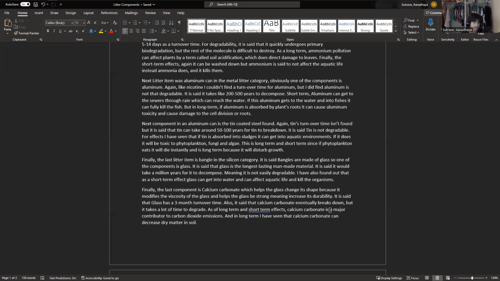Also, it is said that calcium carbonate eventually breaks down, but it takes a lot of time to degrade. As for long-term and short-term effects, calcium carbonate is a major contributor to carbon dioxide emissions, and in the long term, I've seen that calcium carbonate can decrease dry material in soils.